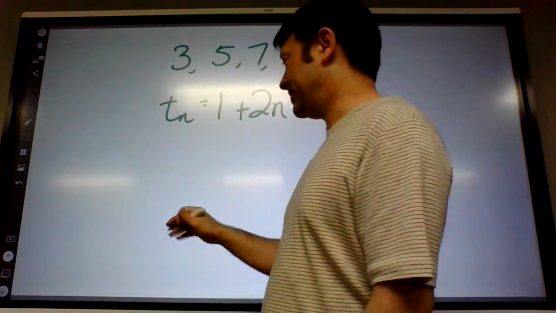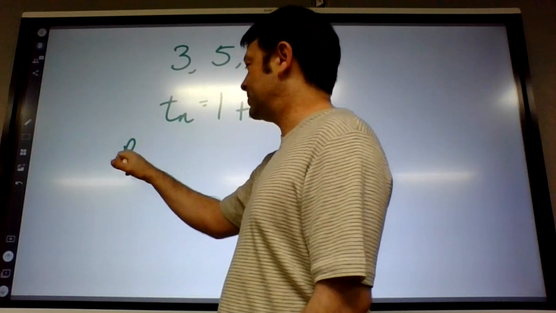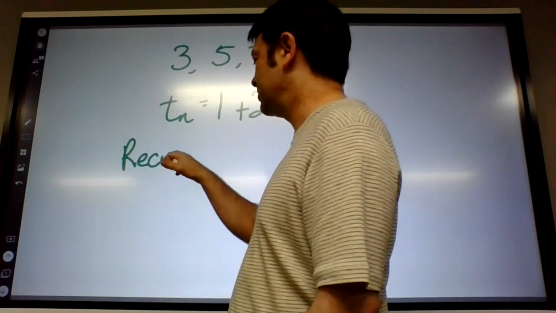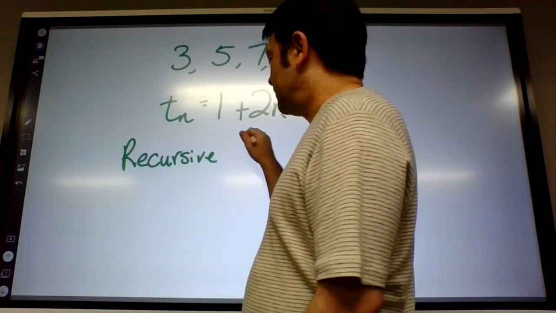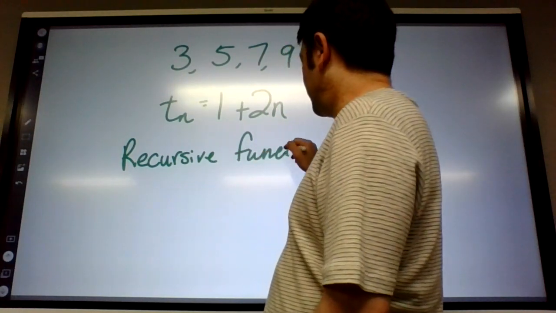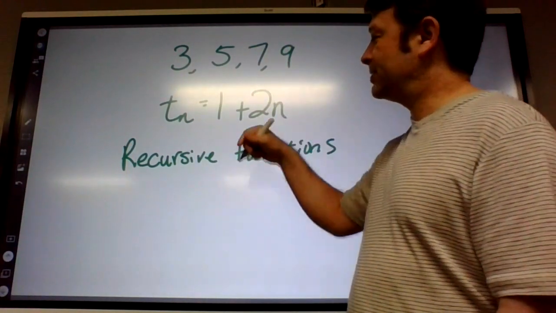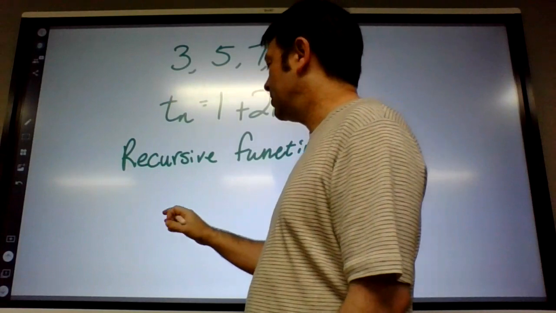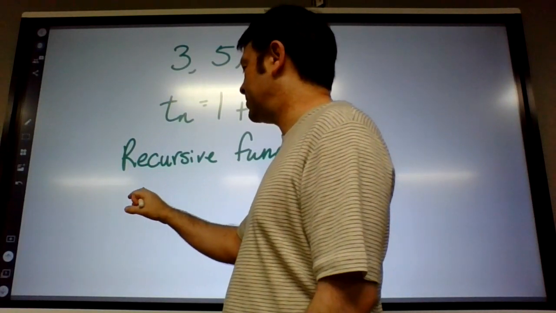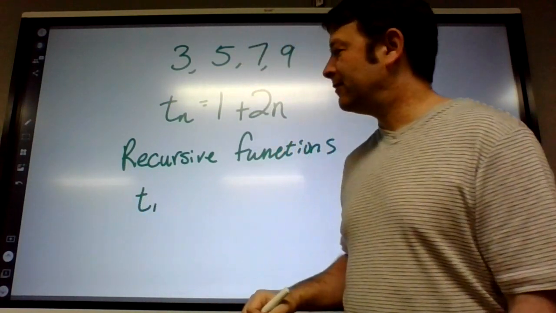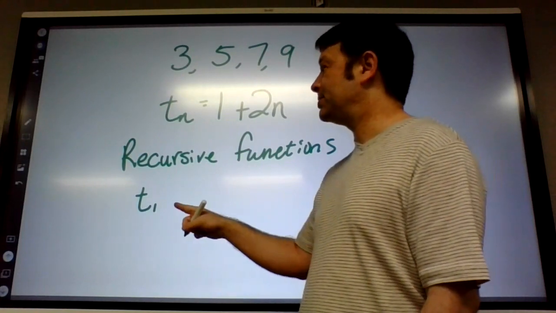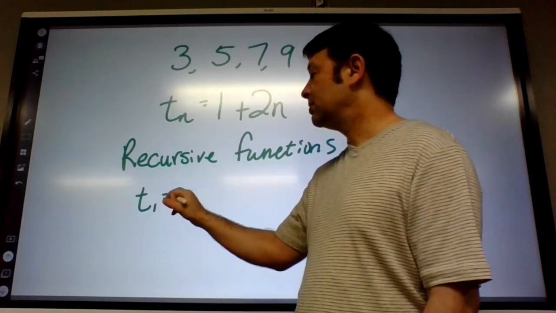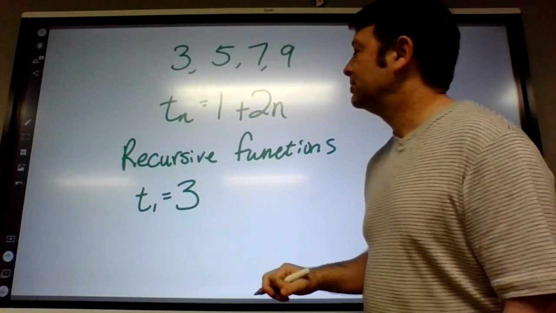Today we're doing kind of the same thing, but we're learning to write it differently. These are called recursive functions, and you could write the same thing. One of the differences in a recursive function is you have to define what the first term is. So t sub 1 is 3.